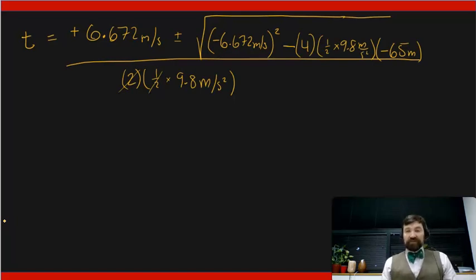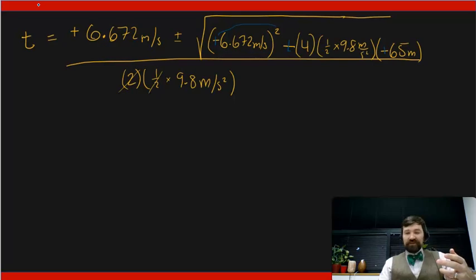Now, I'm going to need to plug stuff into the calculator. I'm going to get 2 solutions. Eyeballing this, I see that I have a minus sign here and I have a minus sign here, so I can cancel them and turn it into a plus sign. This whole term, since I'm squaring it, also becomes positive. So I'm taking the square root of a plus number plus a plus number.